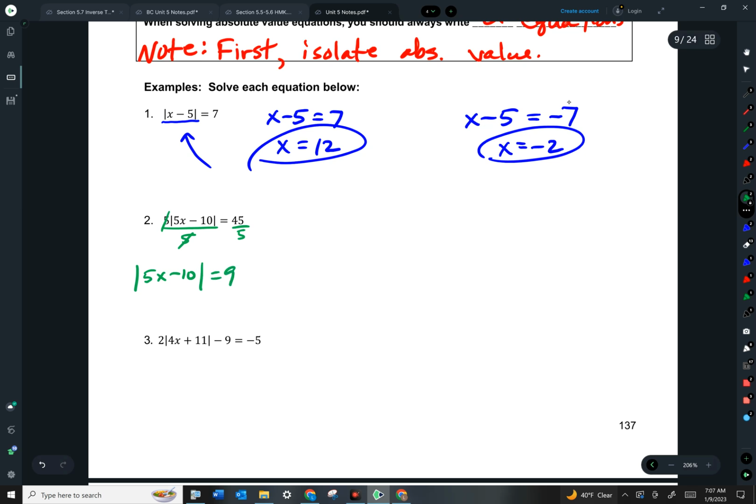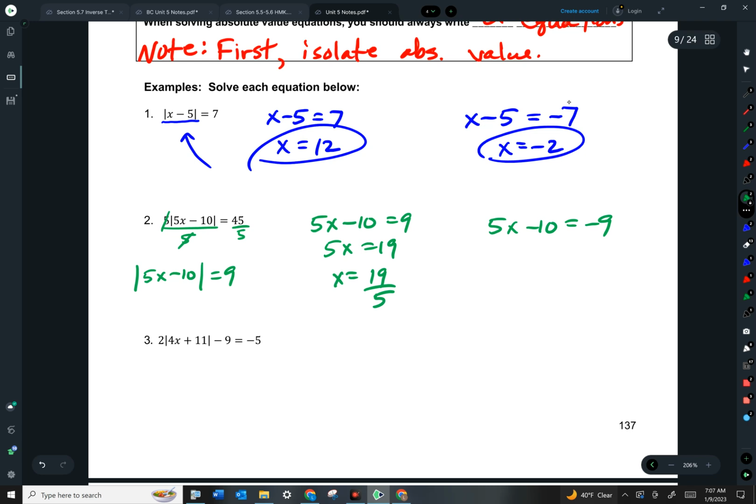So first I get the absolute value by itself. Now I can go over here and write my two equations. Either the stuff underneath, the 5x minus 10, equals positive 9, or the stuff underneath, the 5x minus 10, equals negative 9. And now that I have two equations, I can solve each one separately. So add 10 and divide by 5.